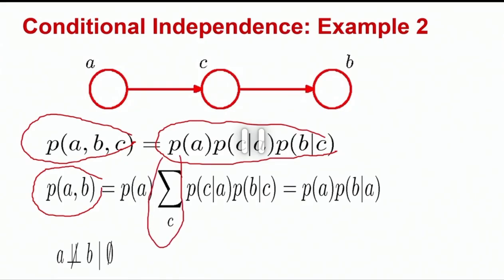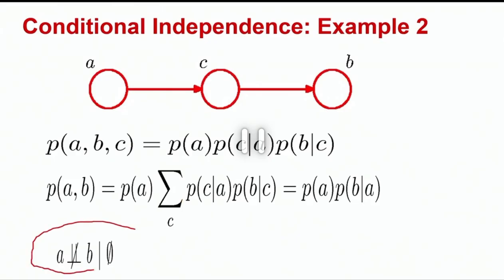And that would lead me to this. You know what this is telling me? A and B are not independent given nothing. That is what it's telling me. So A and B are not independent given nothing. Then it means given something, they will be independent.